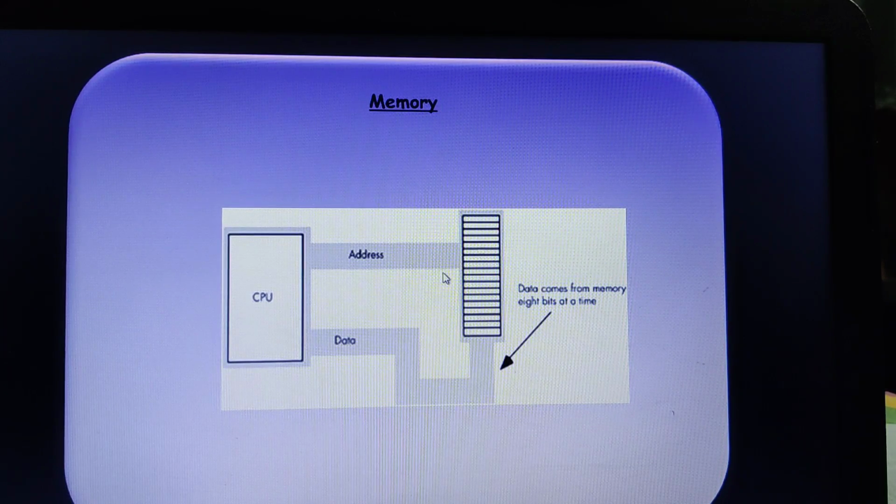When the memory location 5000 reaches the random access memory, it will understand that it has to provide the contents which are in that location. Then the RAM will reply back through the data bus to the CPU.